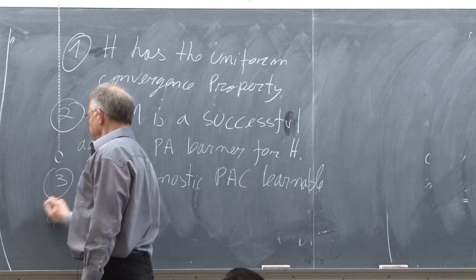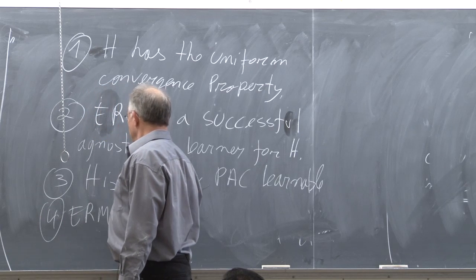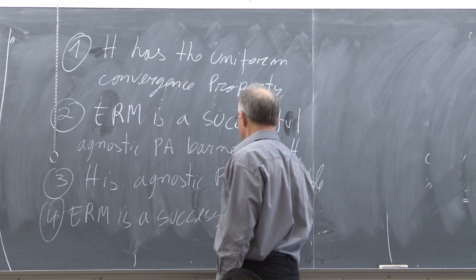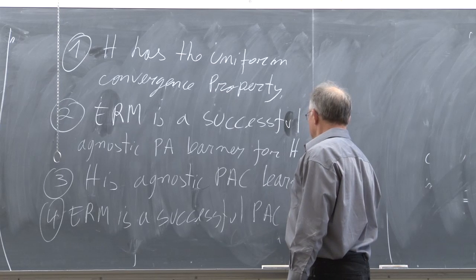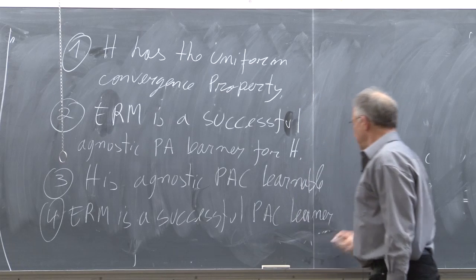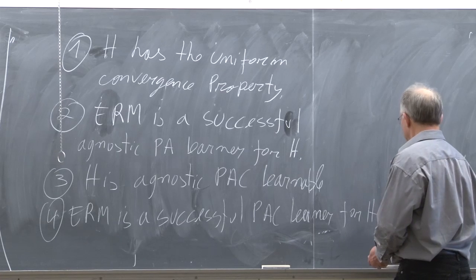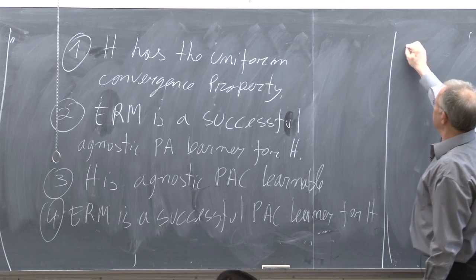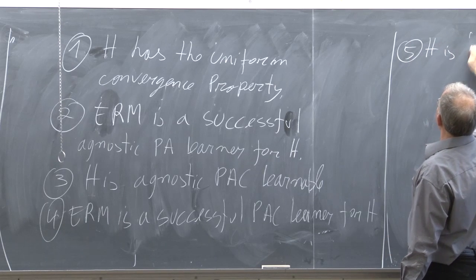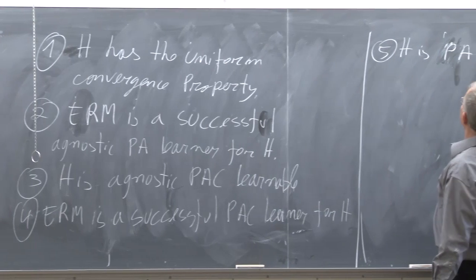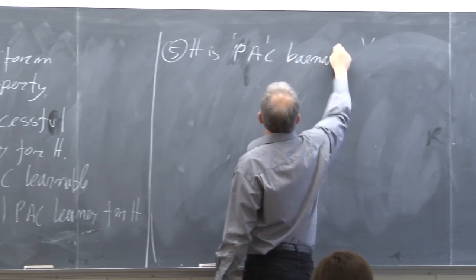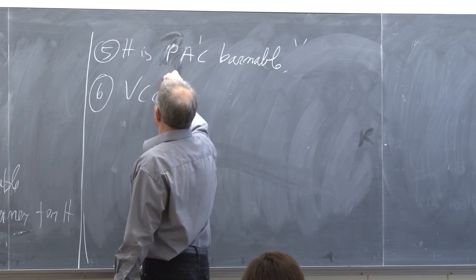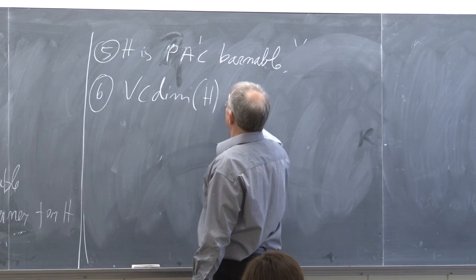And statement 4 will be ERM is a successful PAC learner for H. And statement 5 will be H is PAC learnable. And statement 6 will be VC dimension of H is finite.